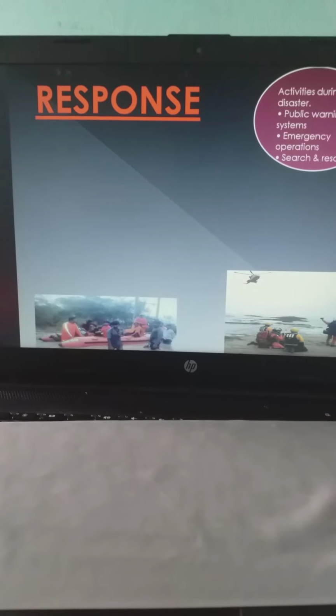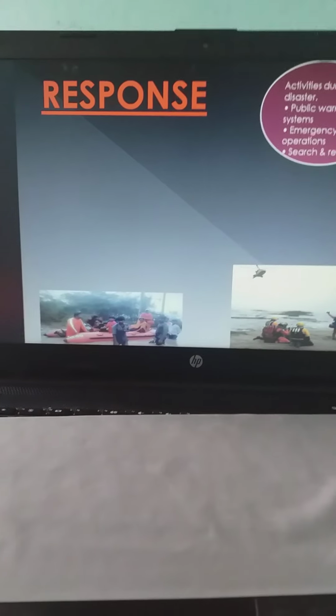Second comes the response. See, response is actually when a disaster has already happened. Now, the prepared team needs to go and respond. After a disaster occurs, there is lots of loss of life and property, but still many people can be stranded there, and still lives can be saved. That is responding quickly.